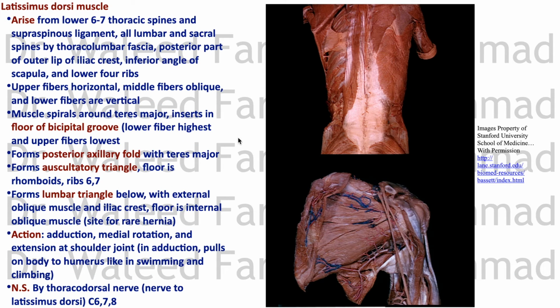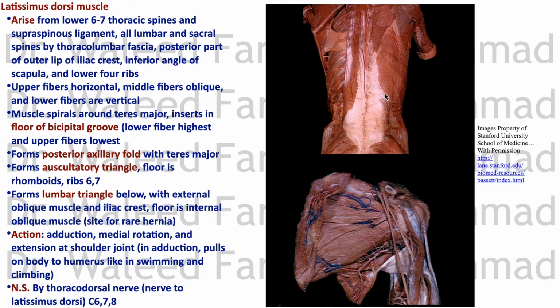The latissimus dorsi muscle arises from the lower 6 to 7 thoracic spines and supraspinous ligament, or lumbar and sacral spines by the thoracolumbar fascia, as you can see here. This is the muscle in whole. This is the latissimus dorsi.